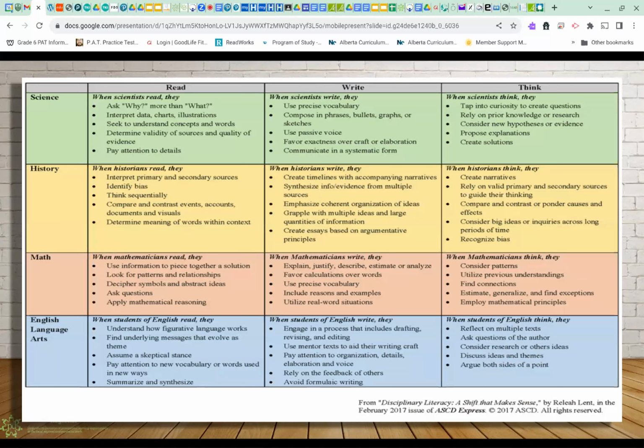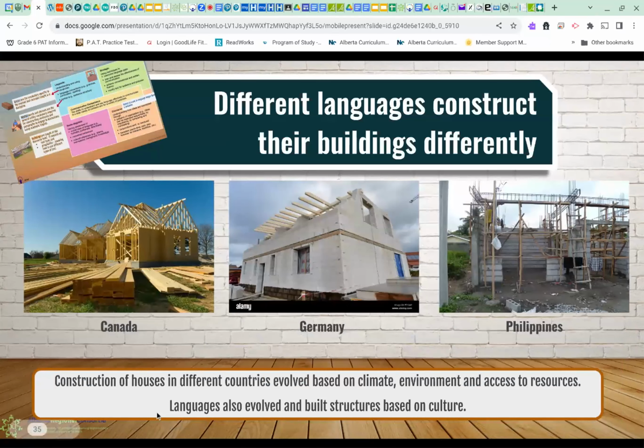Whereas in English language arts, we're looking for figurative language and trying to figure out how that works. And when we're writing, we're paying attention to the organization, those details, and voice as well. But in science, there's a strong predominance of passive voice as well.